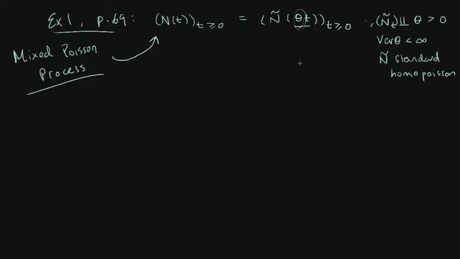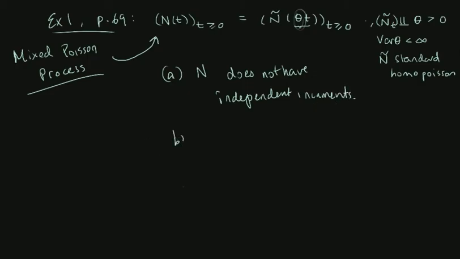Now, what do we want to do in exercise 1? In exercise 1, we want to talk a little bit about how the mixed Poisson process that looks like this behaves. We will show a number of things. In A, we will show that a mixed Poisson process does not have independent increments. And in that sense, it is different from the traditional Poisson process.